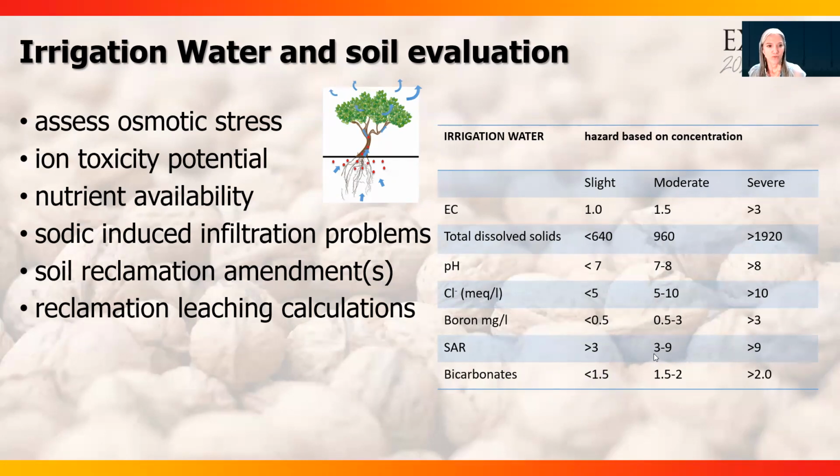In these types of circumstances, soil reclamation amendments will likely be required to treat this problem. Following amendment application, it is always necessary to conduct reclamation leaching. These values are also very important for your reclamation leaching calculations.